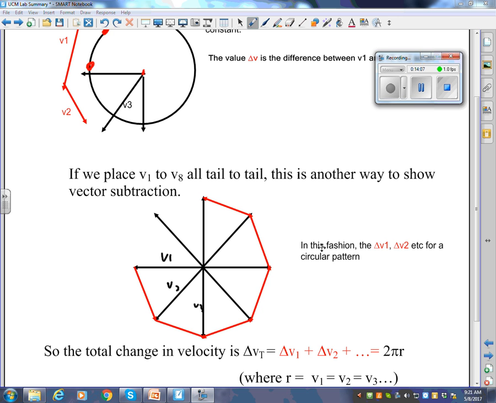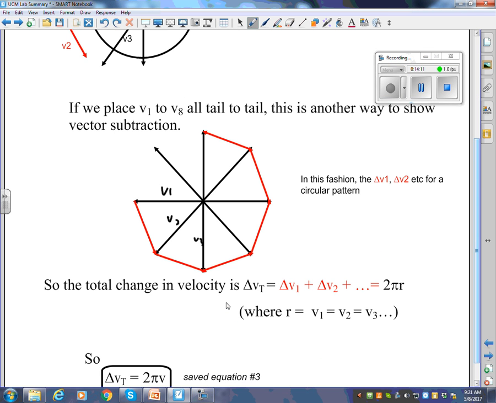Exactly. So in this case, the total change in velocity, delta Vt, would be delta V1 plus delta V2 plus delta V3, all of the various red vectors, as many as you want. And because it's a circular shape, that delta Vt would be 2 pi r, the circumference.